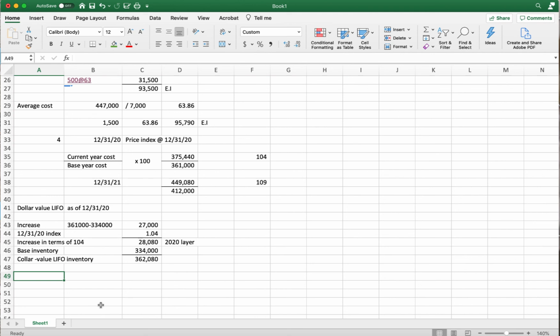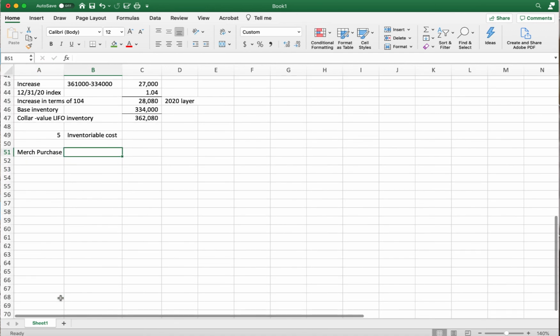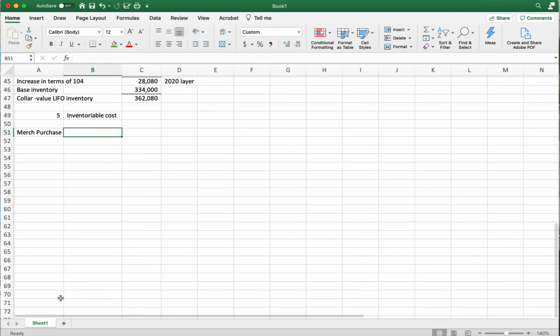Super easy, right? So for inventoriable cost, we start off with the merchandise purchased, right? Which we know to be $2,684,100.